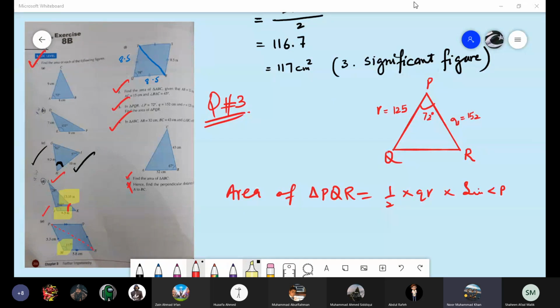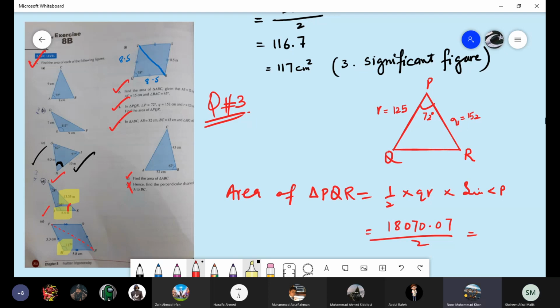Ma'am, q into r into sine P is 18070.07. Divided by 2.